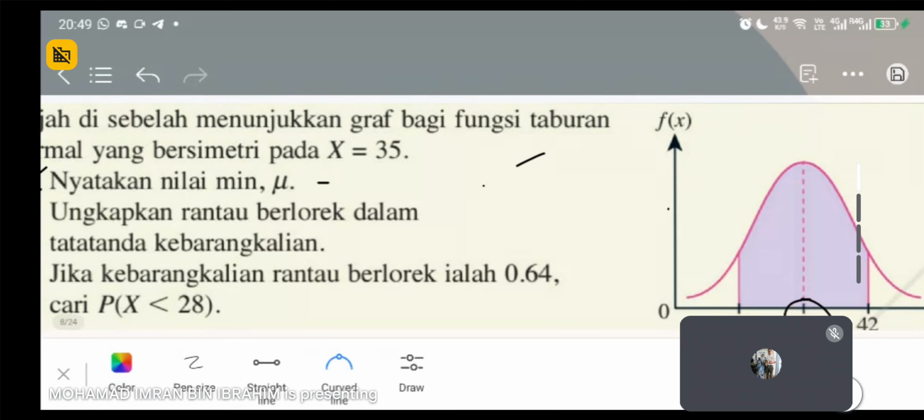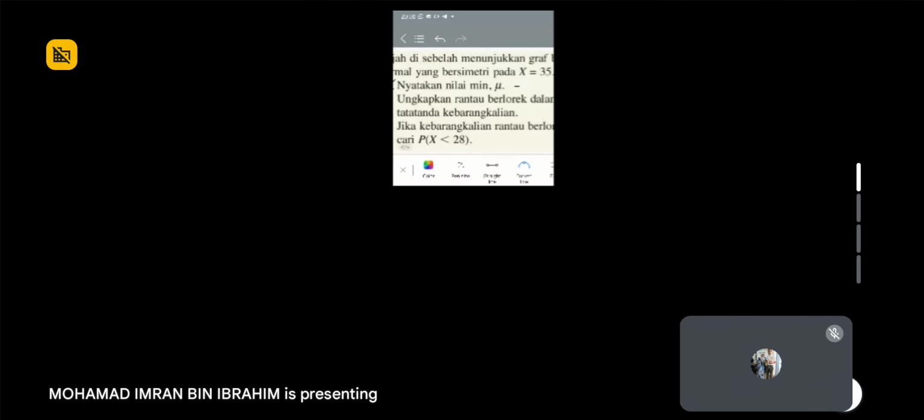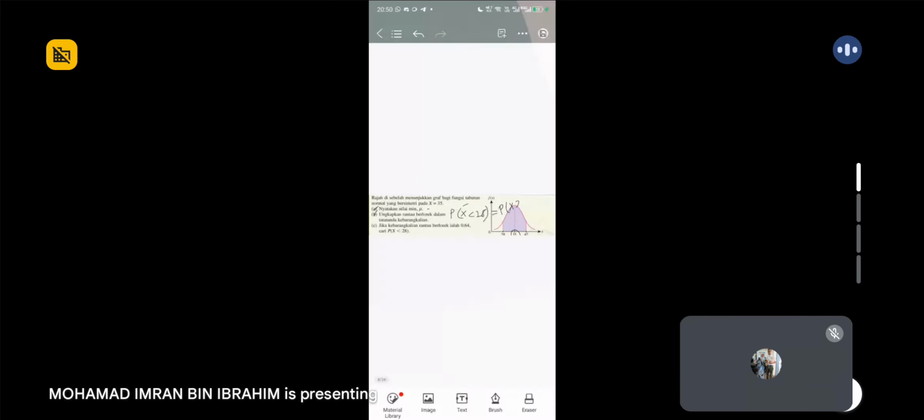You see, the probability of X less than 28 is also equal to P(X more than 42).